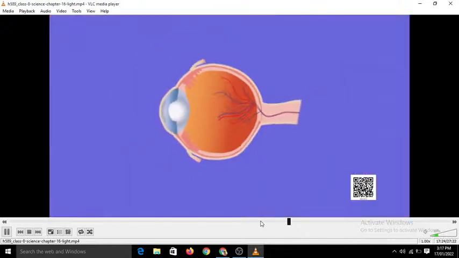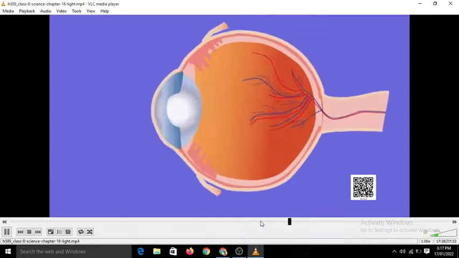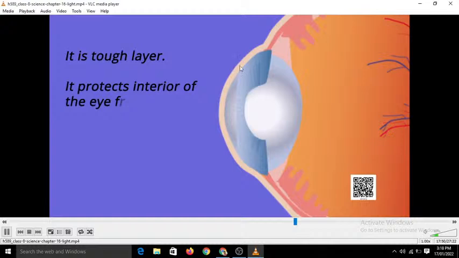Our eye has a roughly spherical shape. The outer coat of the eye is white and transparent, which is called cornea. Transparent means light rays enter our eyes through this layer. It is a tough layer. It protects the interior of the eye from accidents.